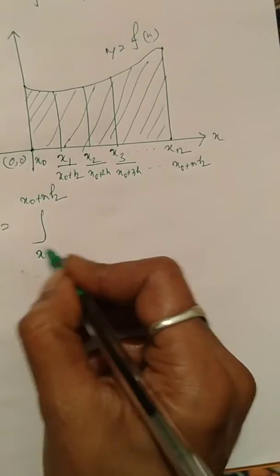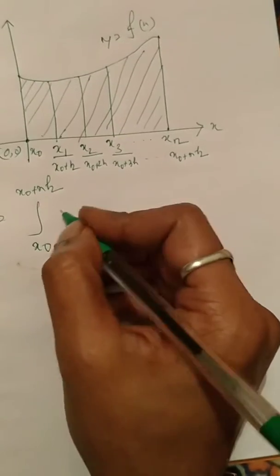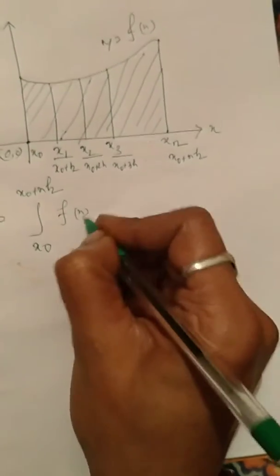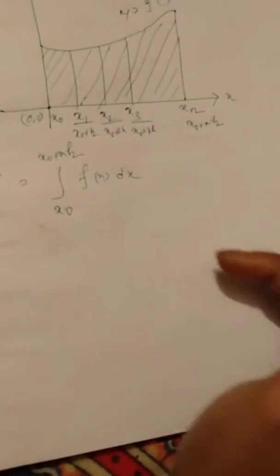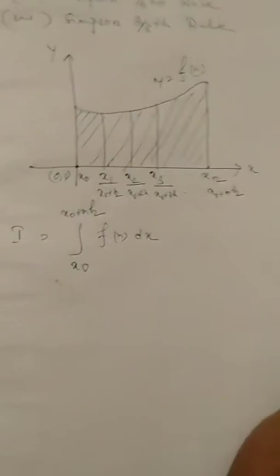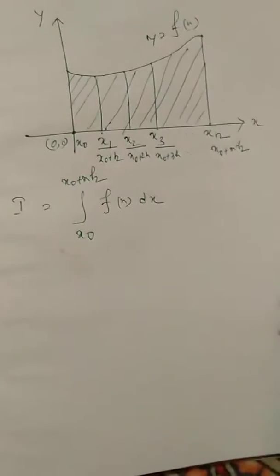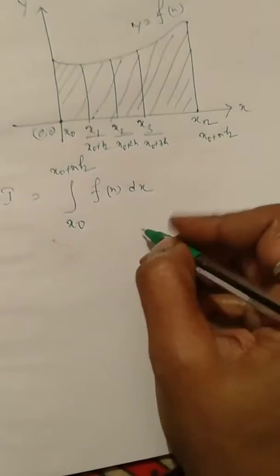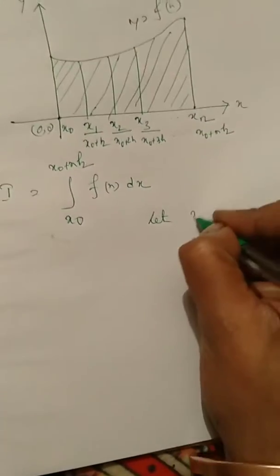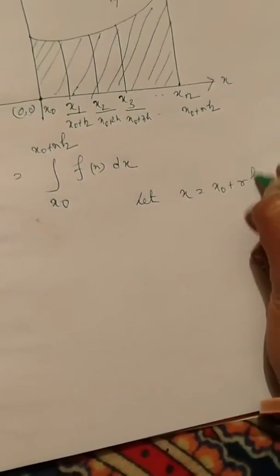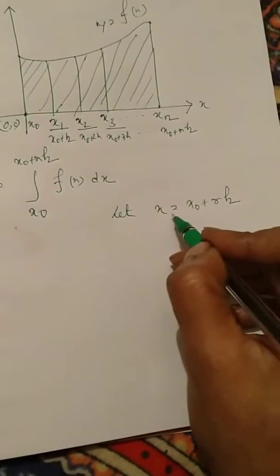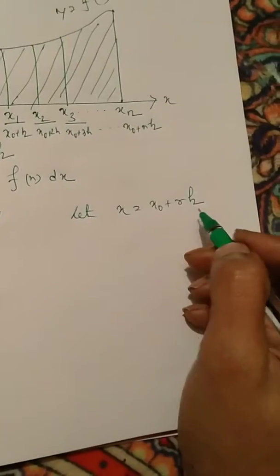So this is the lower limit and this is the upper limit, and the function is f(x) dx. Now we will substitute x. Let x equal to x0 plus rh.